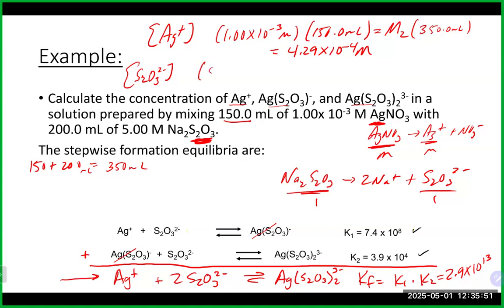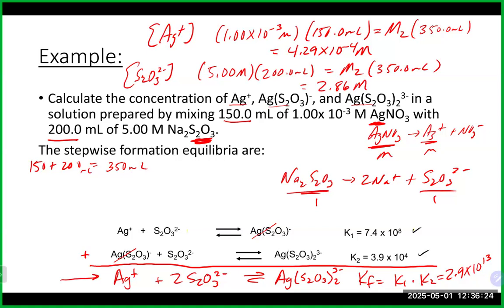That would get us, once again doing M1V1 equals M2V2, 5 molar times 200 milliliters used of that equals our M2, and once again our total volume of 350 milliliters. That's going to give us 5 times 200 divided by 350. We'll call it 2.86 here. Any questions on that part there?